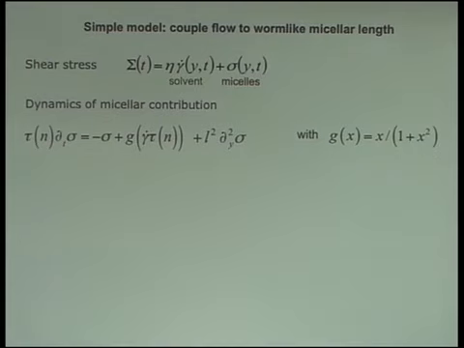For example, it may be the length of the worm-like micelles, but I should give the health warning disclaimer at the outset that I'm not aiming this work at addressing any particular rheological system. I'm just illustrating the basic principle that if we couple the flow variables of strain and stress to an auxiliary variable, of which there must always be many, like the length of the micelles or the concentration, we can open up the possibility of further instabilities in the system.